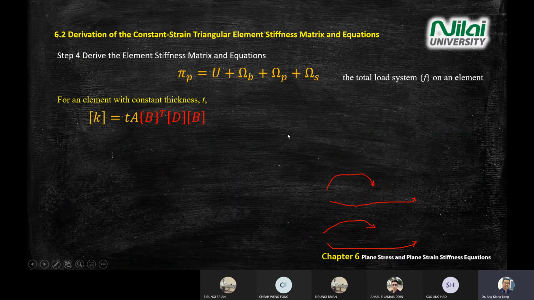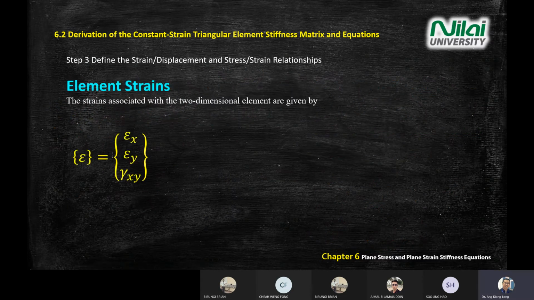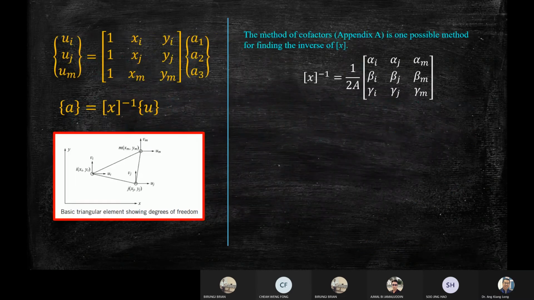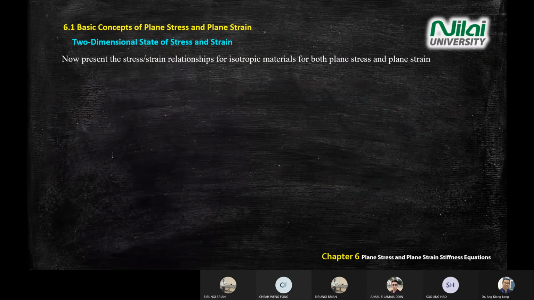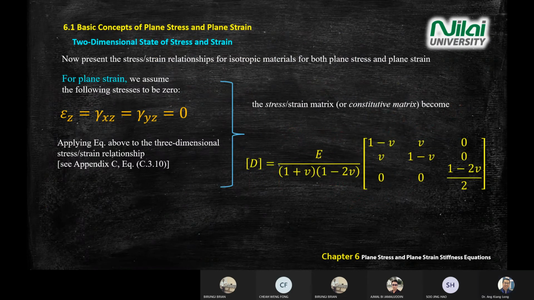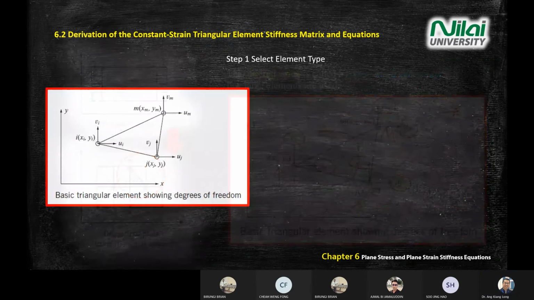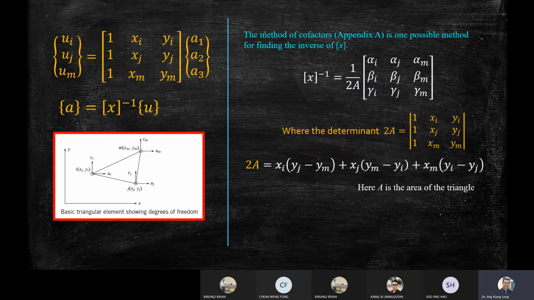So what are B and M about? I'm showing you just now. This is the equation for D, and I'll show you what B is.